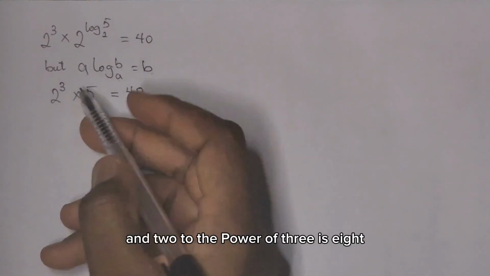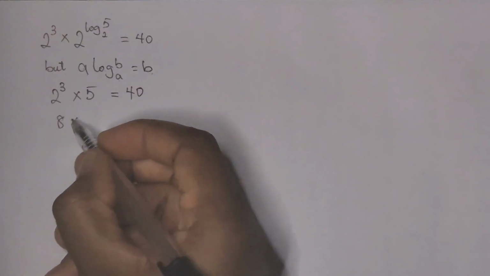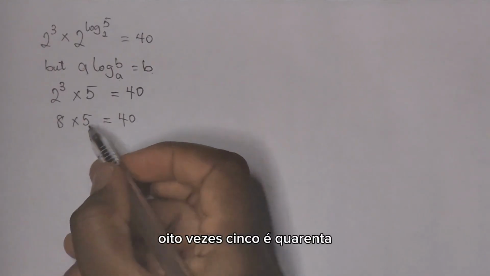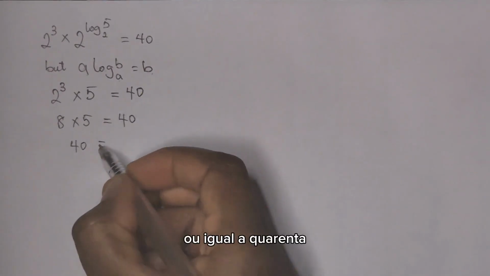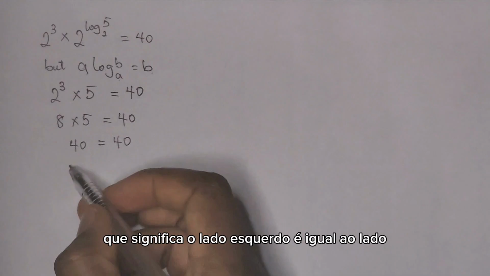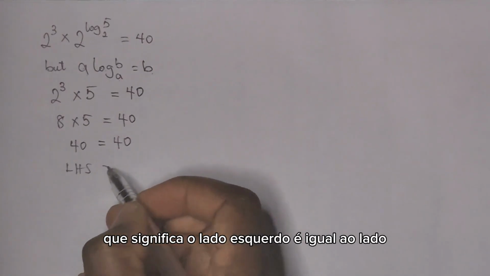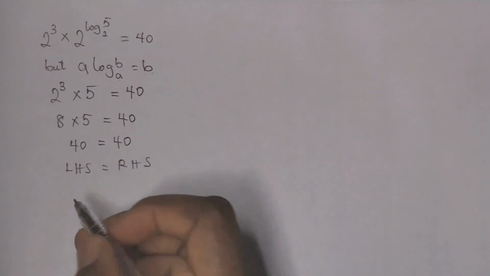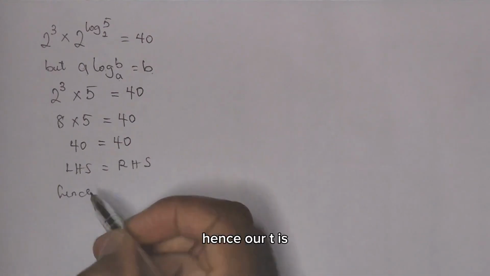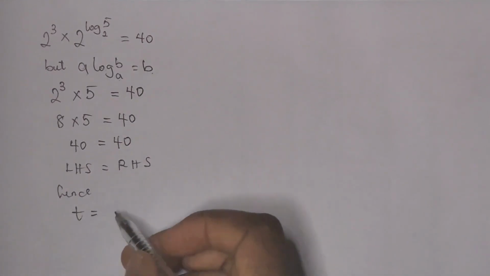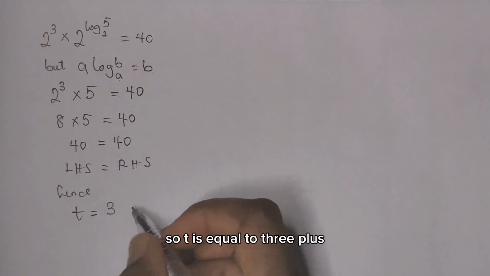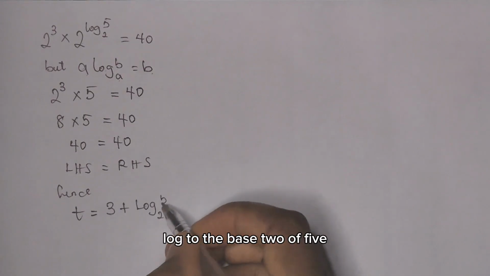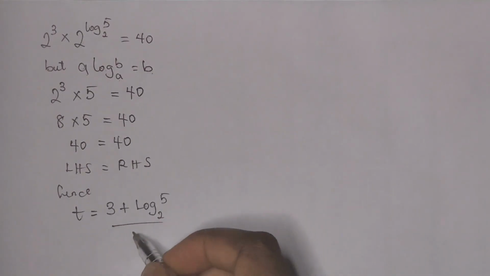And 2 to the power of 3 is 8, times 5 equal to 40. That means the left hand side is equal to the right hand side. Hence our t is correct. So t is equal to 3 plus log to the base 2 of 5 all over 2.